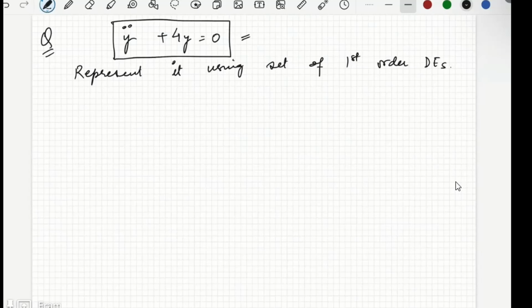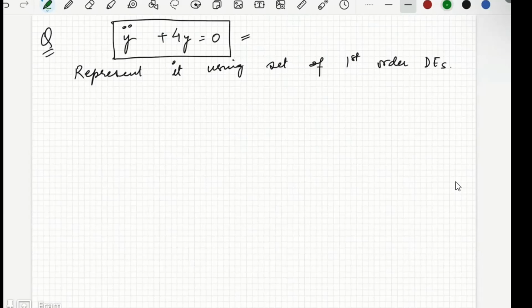Now how can we choose the variables? So how can we convert this second order DE into a set of first order DEs? To do so, we set the variables.